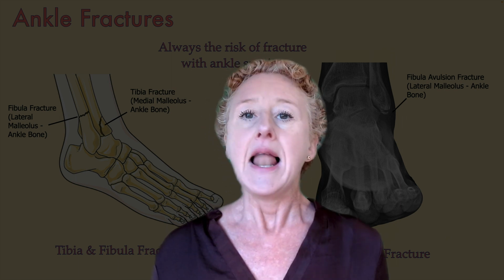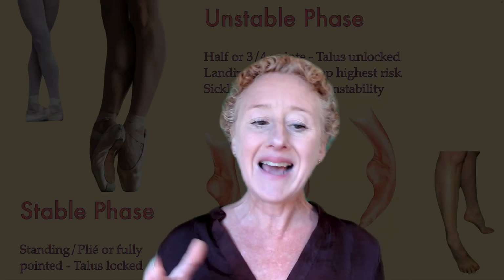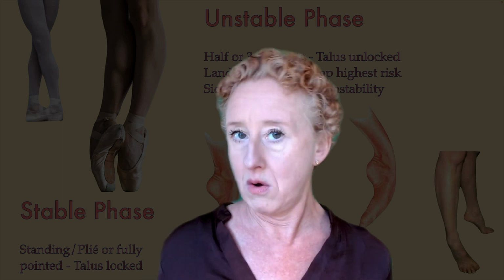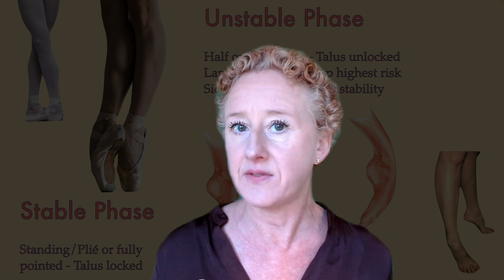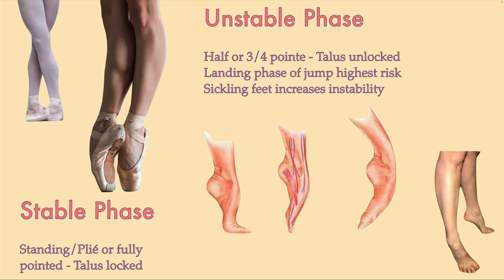All right, let's have a look now at the mechanics of how this injury typically occurs within the context of us as dancers. Now, the ankle joint is very stable at its end phases of movement. So if you're standing or in a plie position, there's sort of a lockout that happens at the ankle.